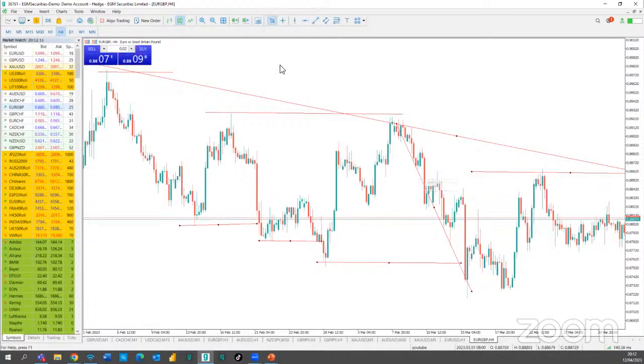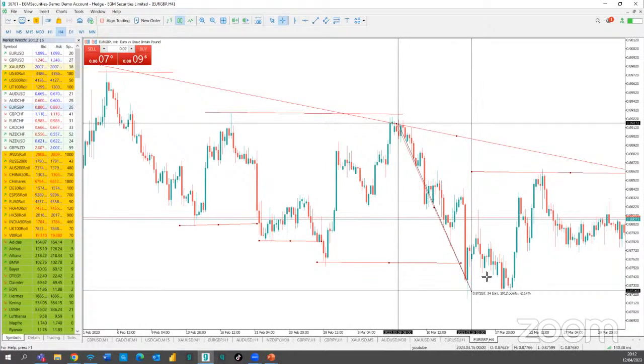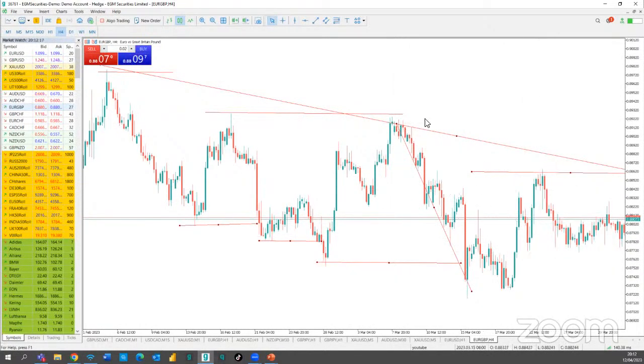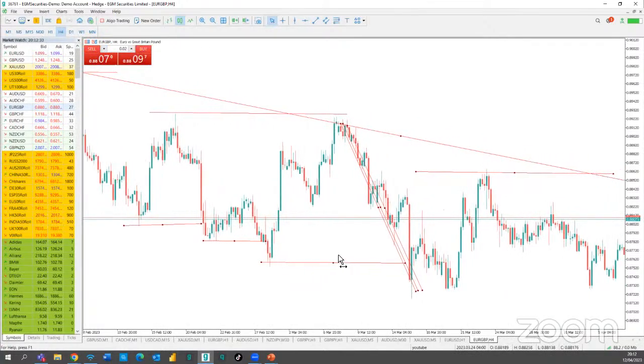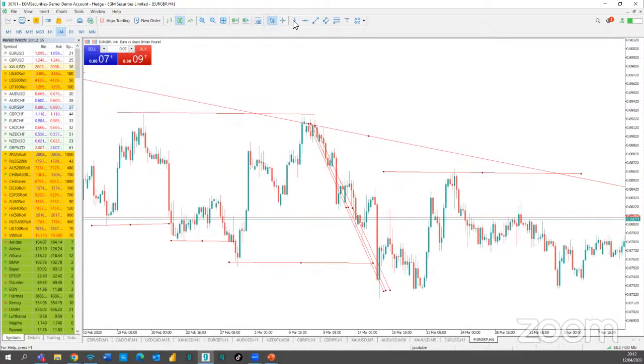So what we want to consider for now is this move here before we had a downward move. This downward move is what you would consider to find an entry to the downside, right? So that you could have gotten this downward move here.